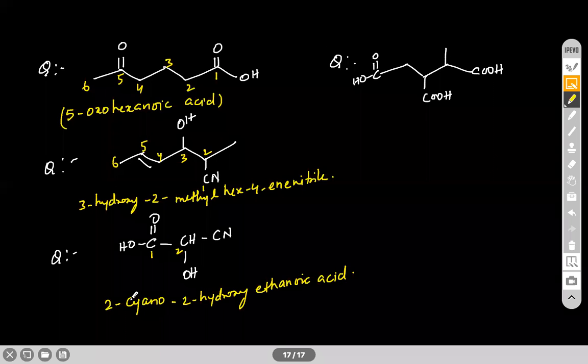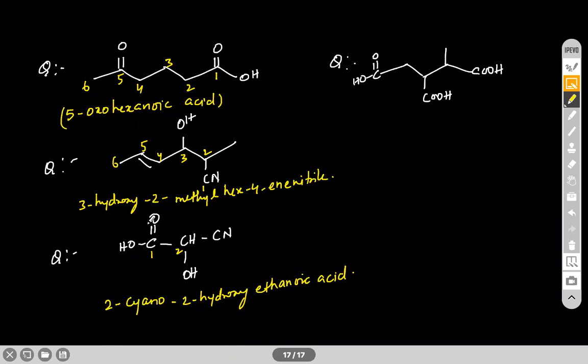If you don't take this cyano here, then we'd write propanoic. If you write propanoic, then 3 carbons here, and for cyano 1 more carbon, so we'd have 4 carbons in that case. But we have only 3. So 2-cyano, 1 carbon here. Ethanoic, 2 carbons here. The name of the compound is this.